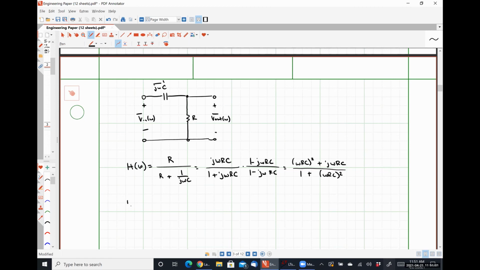So my frequency response is going to look like this.